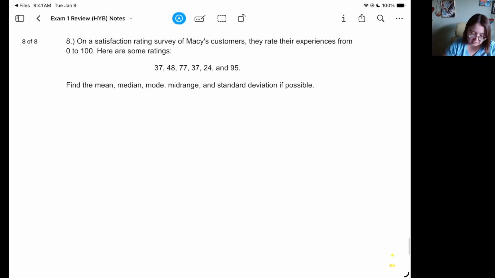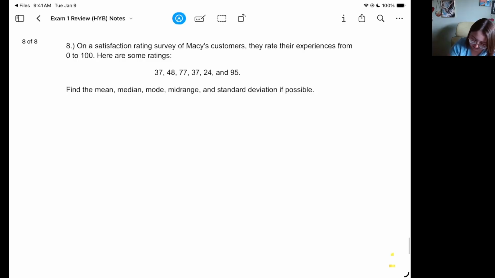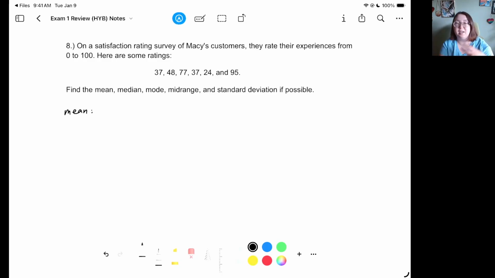All right, so we're going to start with the mean. The mean that we just did on that last problem was a more difficult version of the mean, the ranged and grouped mean. For this mean, whenever you just have data points, the mean is adding them together and dividing by the number of numbers.